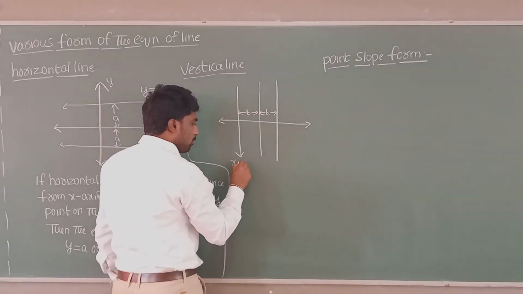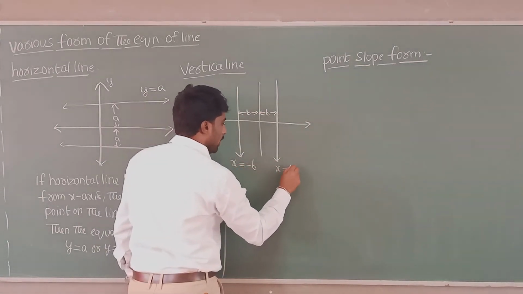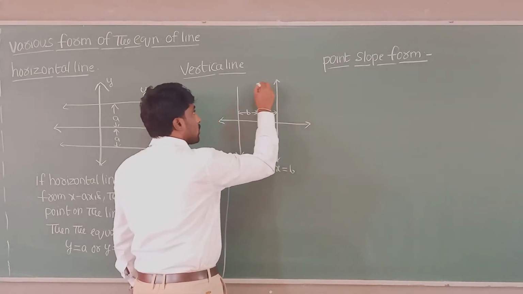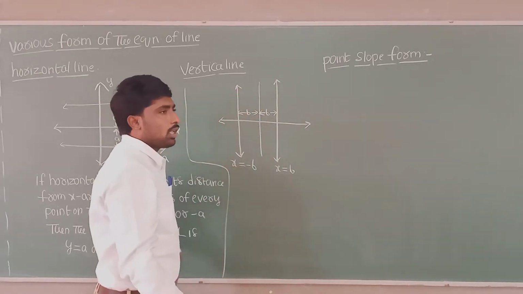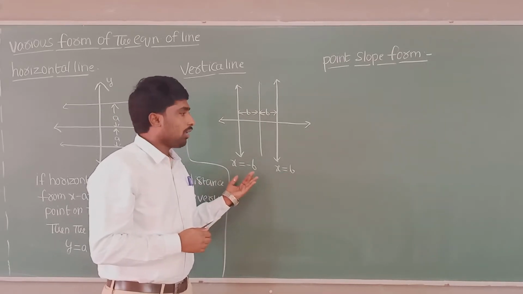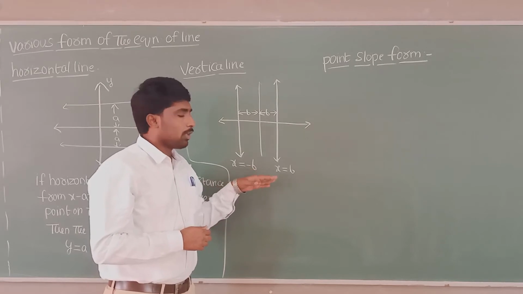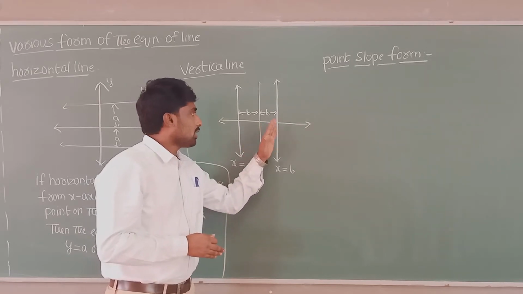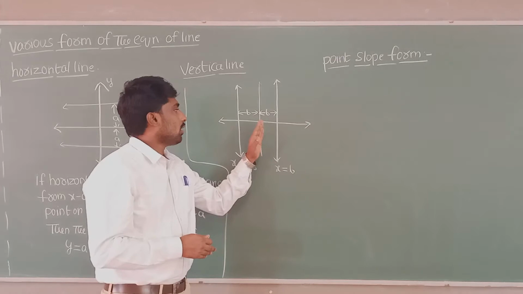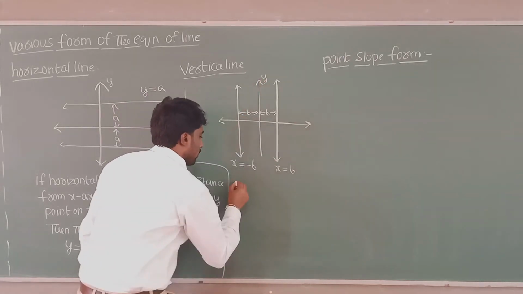So this line will be x equal to minus b, and this line is x equal to b. So directly you can represent the equation of a vertical line as x equal to b or x equal to minus b. The sign depends on whether it is on the right side of the y-axis or the left side. Is it clear, everyone?